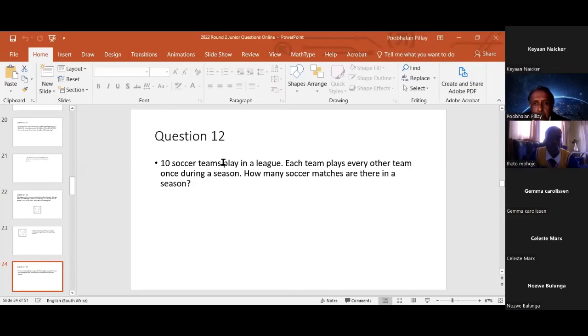Question 12: 10 soccer teams play in a league. Each team plays every other team once during a season. How many soccer matches are there in a season? So you want to know how many soccer matches there are.